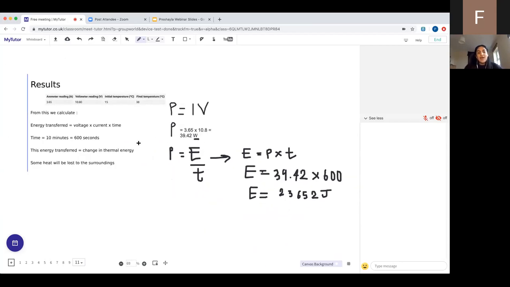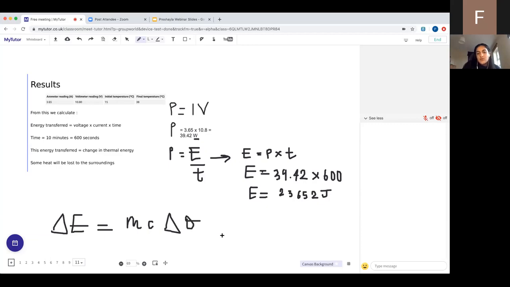So the energy transferred from the heater to the block is the change in thermal energy. That's what we've just worked out, the change in thermal energy. Now, going back to the beginning of the session, we had the equation for the change in thermal energy, which was mc delta theta.